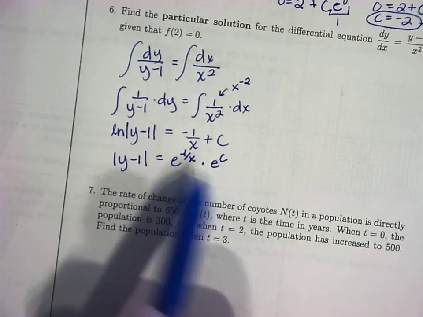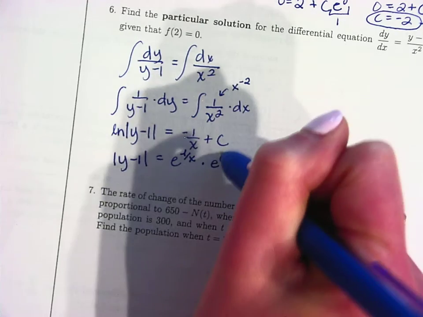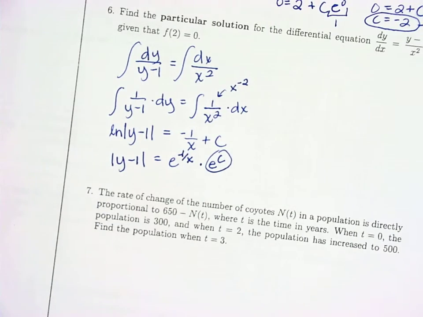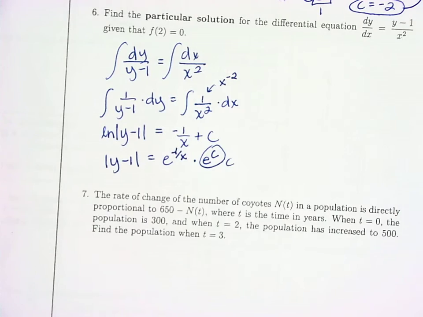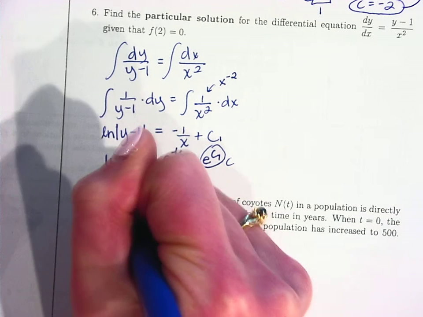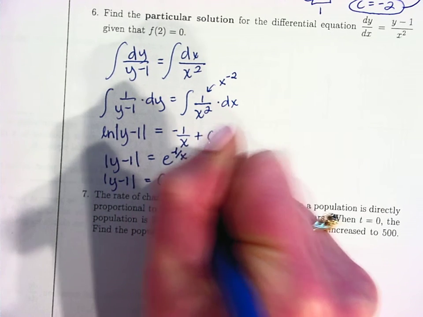So now I have e raised to the negative 1 over x times e to the c. But again, this e raised to the c is just another constant that I'm going to call c, which means I have to go back and put a subscript on the previous c's. So absolute value of y minus 1 equals c e to the negative 1 over x.